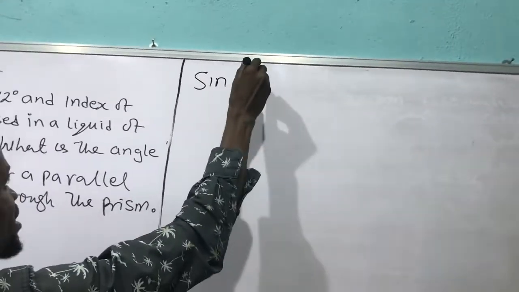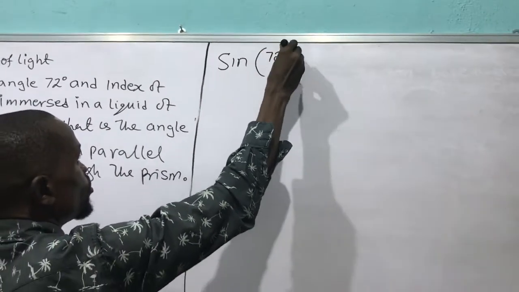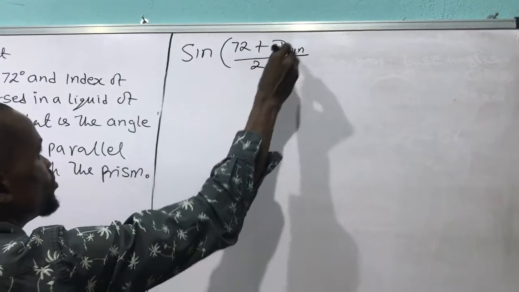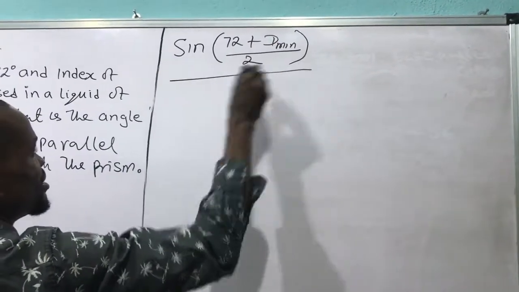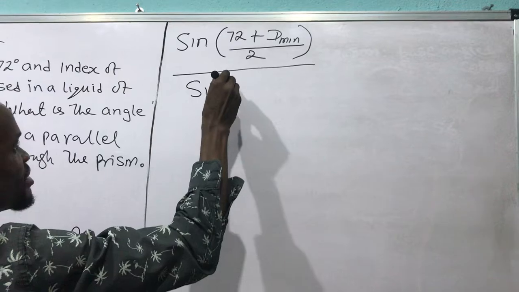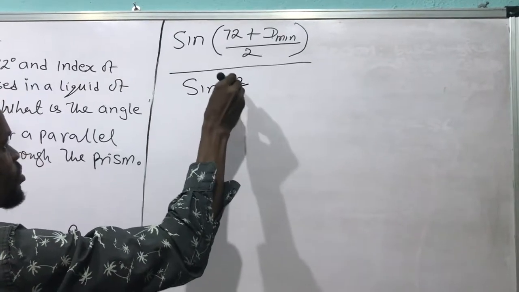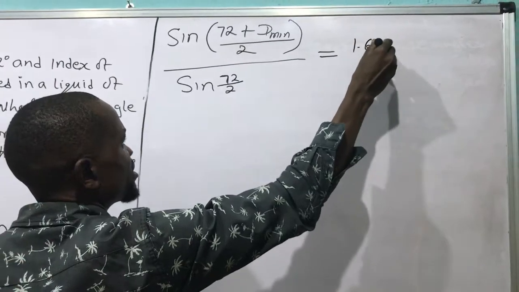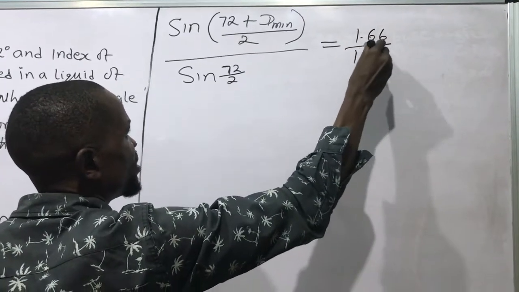Going over here, I will now have the sine of A, in this case 72, plus minimum deviation divided by 2, all over sine of 72 divided by 2, equal to 1.66 all over 1.33.